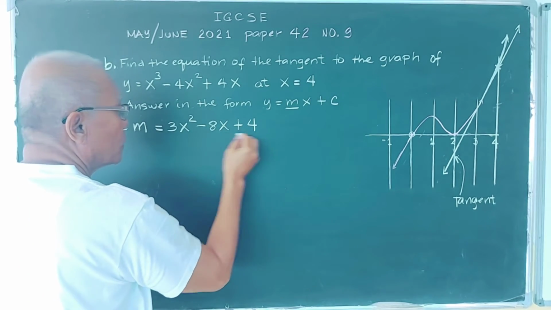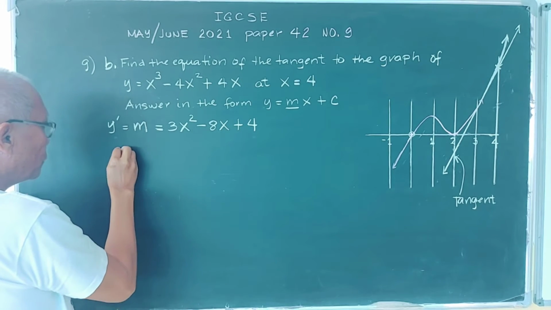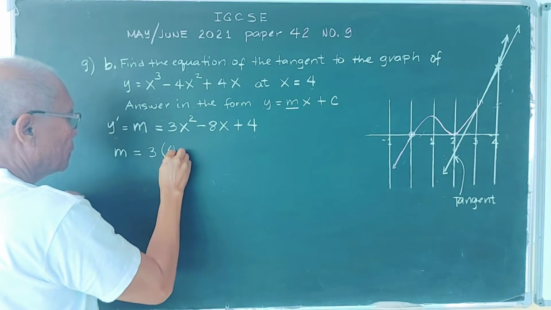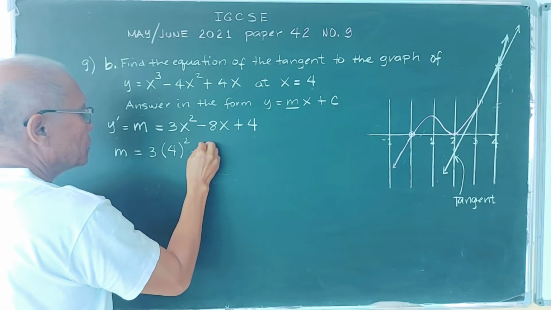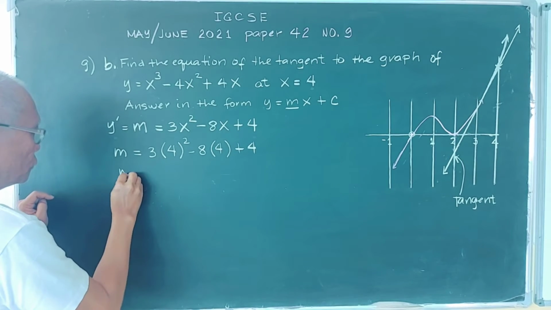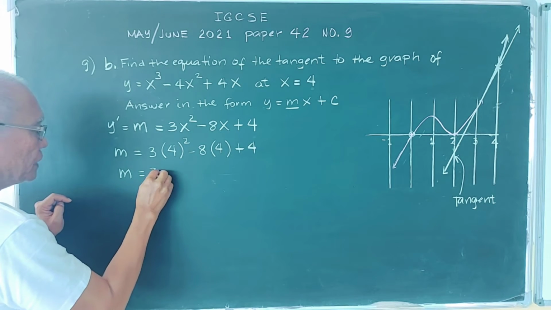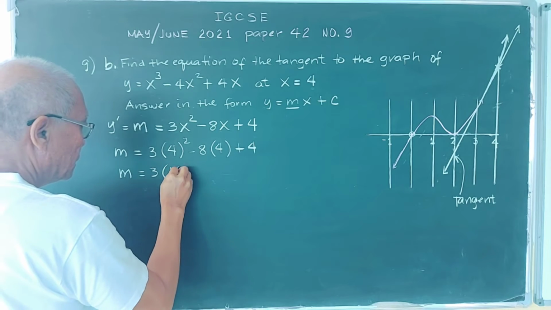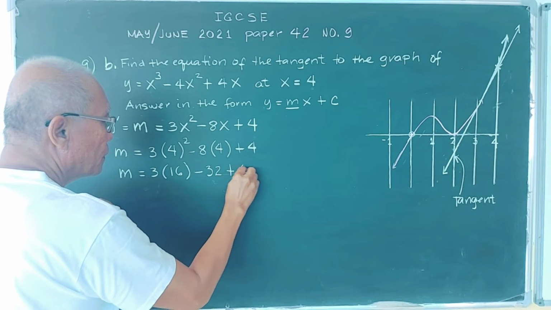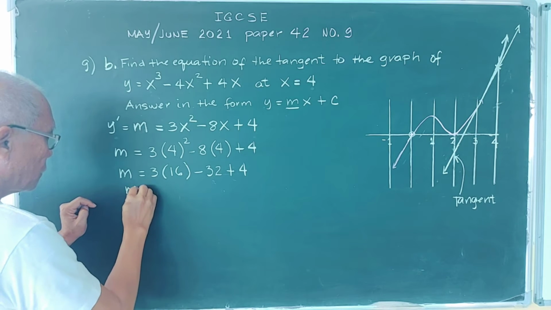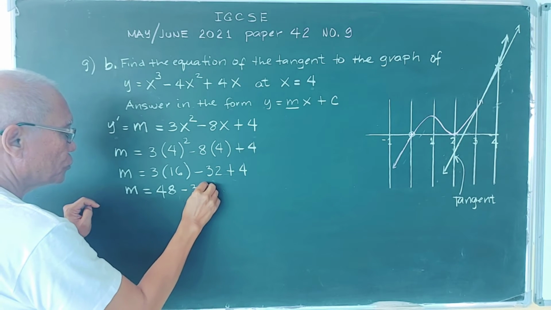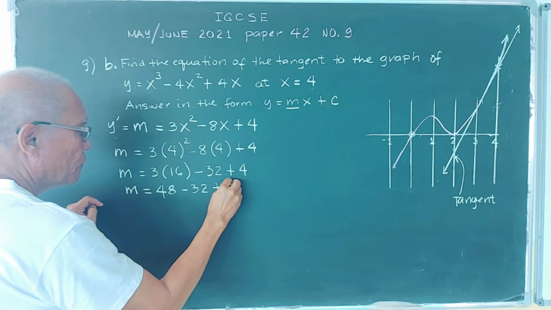Now we will substitute x is equal to 4 here. So our slope, which is also the y prime, is equal to 3 times 4 squared minus 8 times 4 plus 4. 4 times 4 is 16, times 3 is 48, minus 32, plus 4.